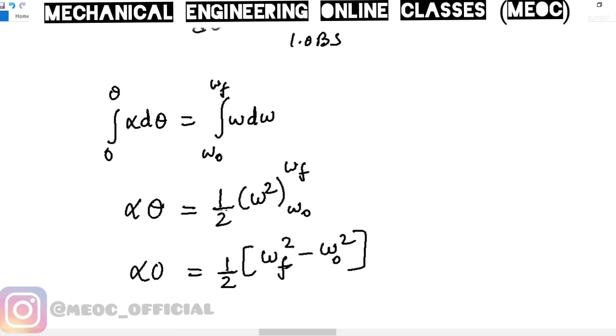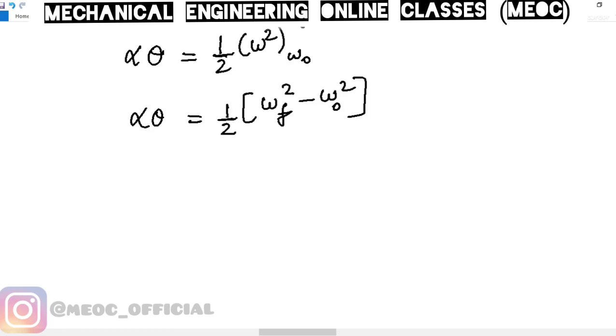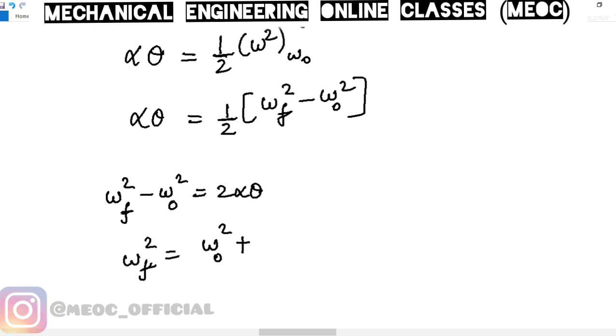This is alpha theta, or otherwise we can write it as omega f square minus omega naught square is equal to 2 alpha theta, or omega f square is equal to omega naught square plus 2 alpha theta.